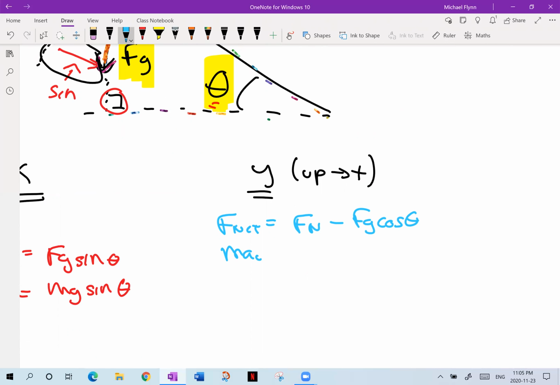So may equals Fn minus mg cos theta. Now here's the deal, ay is 0. Now that gives us that the normal force is equal to mg cos of theta. Okay, now that's really all you need to know about inclined planes.